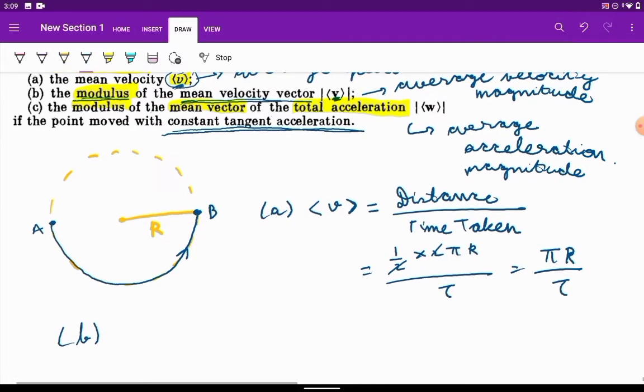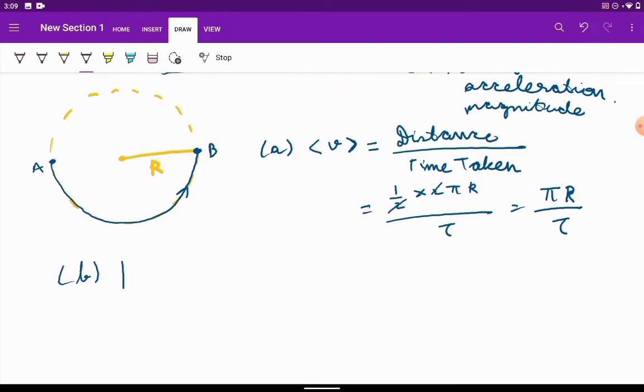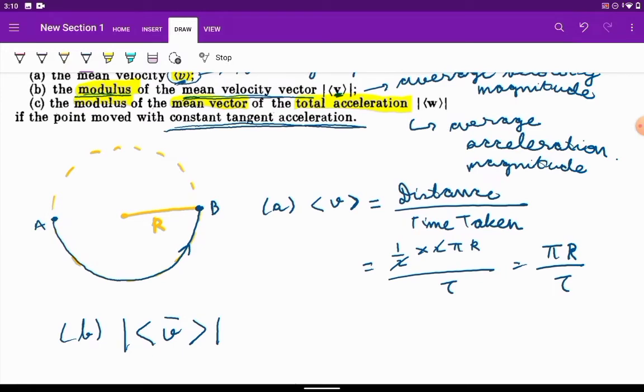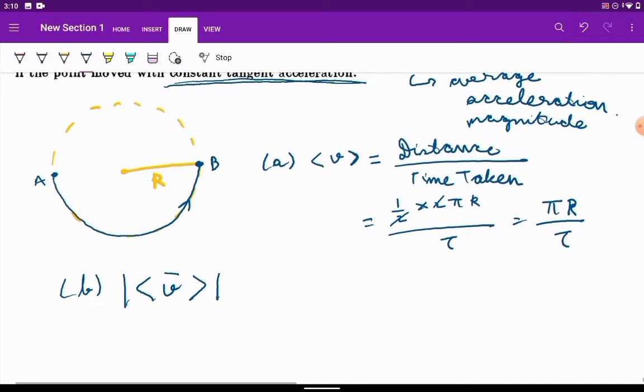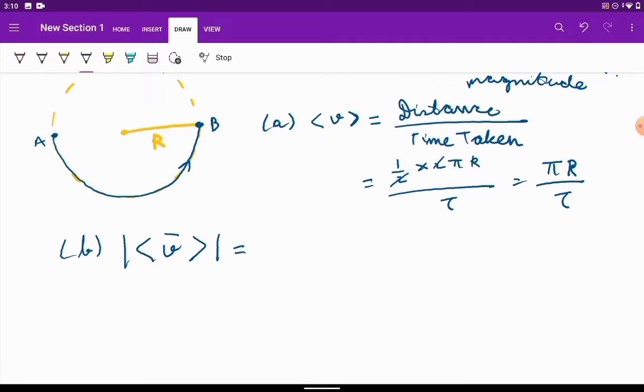Second is the modulus of the mean velocity, the average velocity magnitude. Whenever I put a bar, it means it is a vector, right? And that is replaced in Irodov's book by making the character bold. So this is nothing but the total displacement divided by the time taken.